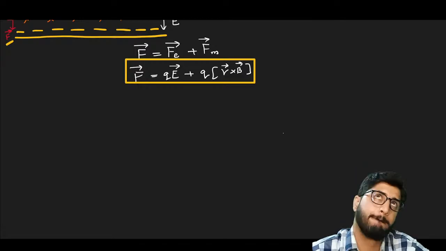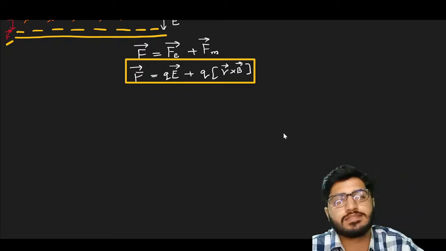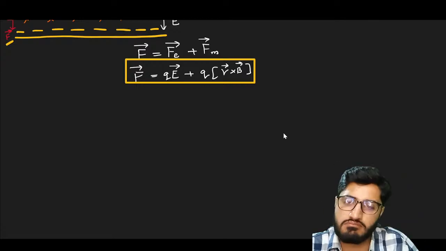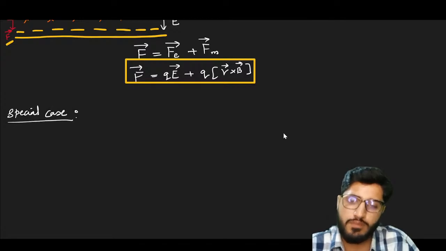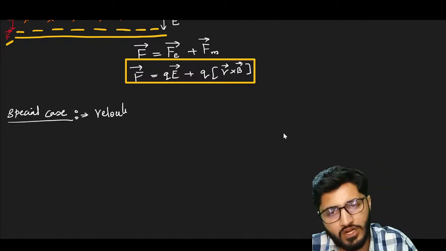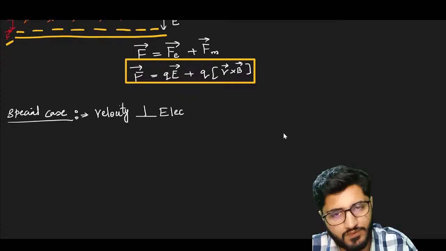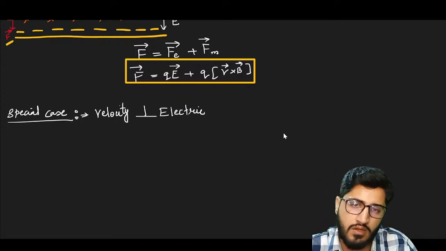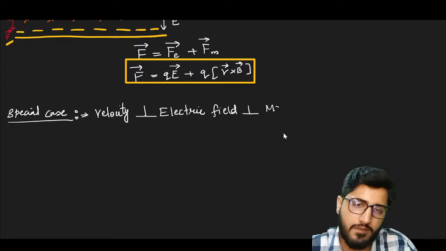Okay. Let us talk about a special case. Special case means when the velocity of the particle is perpendicular to my electric field, and that electric field is perpendicular to my magnetic field.